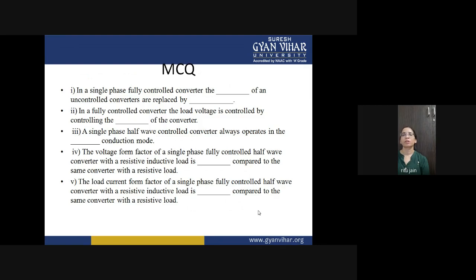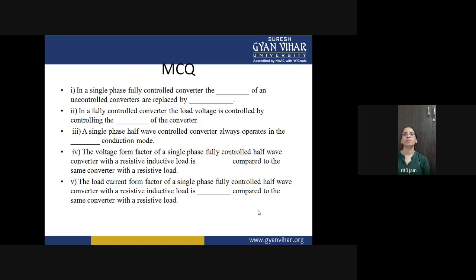Now let's talk about the next question: in a fully controlled converter, the load voltage is controlled by controlling the firing angle of the converter, because you know that if you want to control the output, you use SCR. By changing the alpha angle, you can easily control the output voltage of your converter.